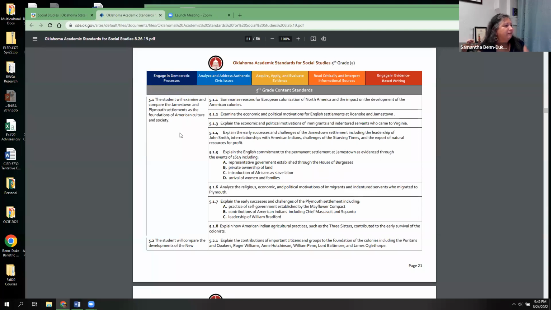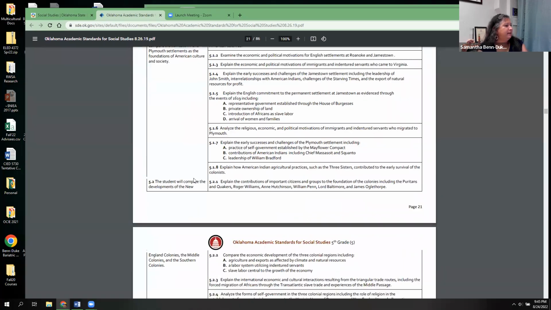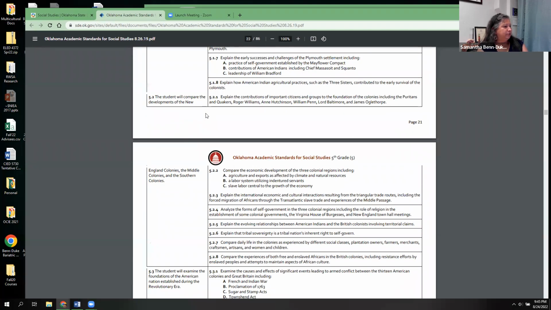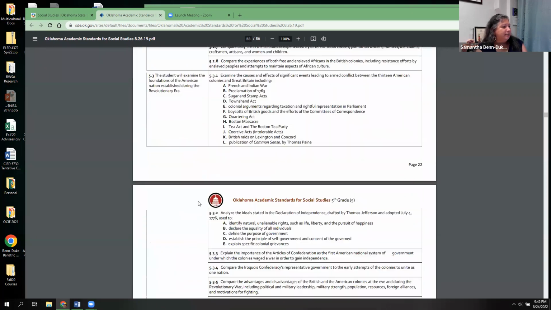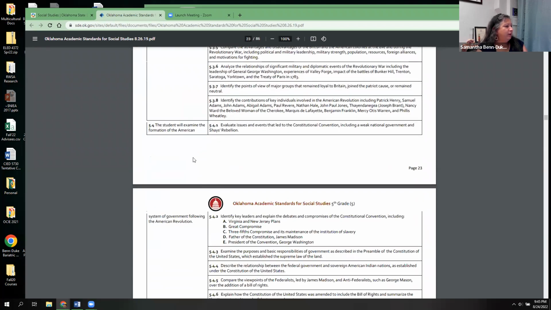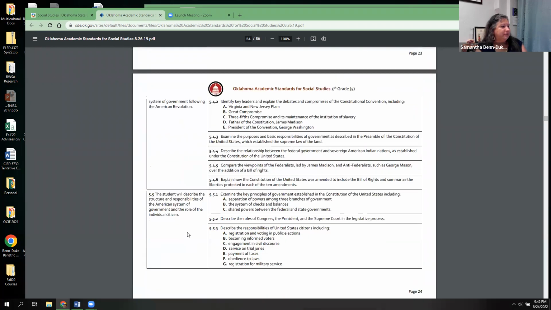Now, continuing to look at 5th grade, we have 5.1, and then here we have 5.2, comparing developments in the New England colonies, the middle and the southern colonies, and then 5.3, foundations established during the Revolutionary era, the 1770s, and 5.4, following the American Revolution, so after the 1770s, and then the last one for 5th grade, structure and responsibilities of the American system of government and the role of the individual citizens.